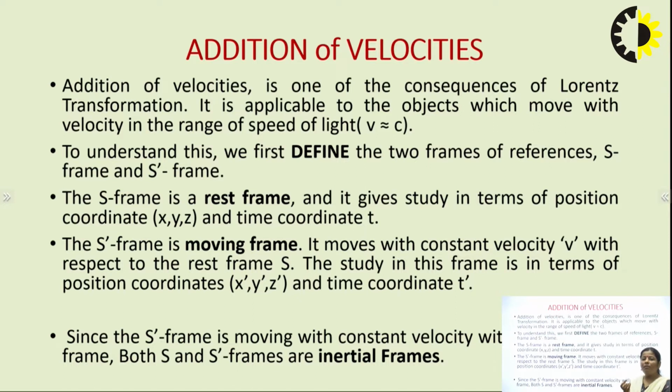All right. Because as I said, there are two branches of relativity, the general theory of relativity and the special theory of relativity. The laws which are given, the theorems which are already made, the postulates which are given, they are given for the inertial frames. So, that is why whenever we define the frames, we will make sure that they are inertial.